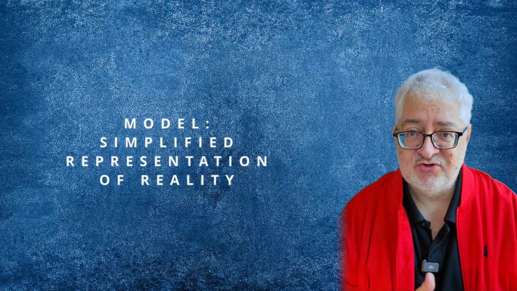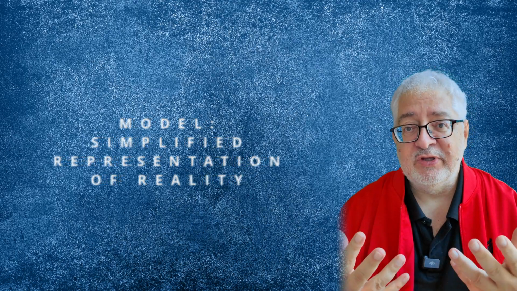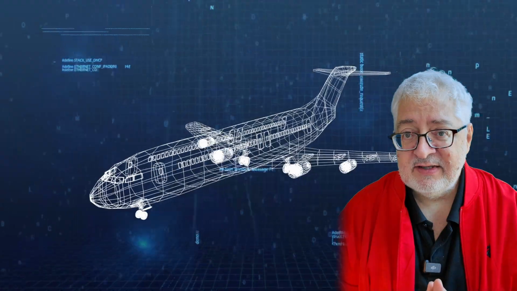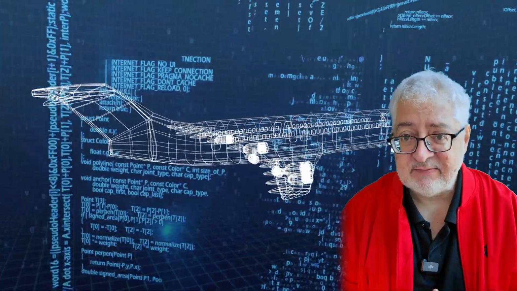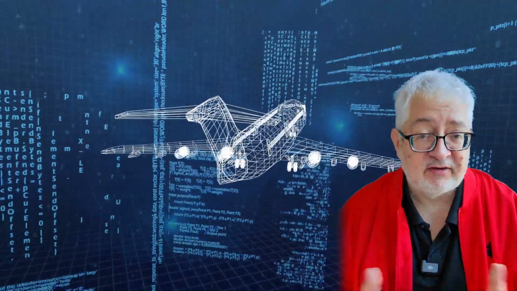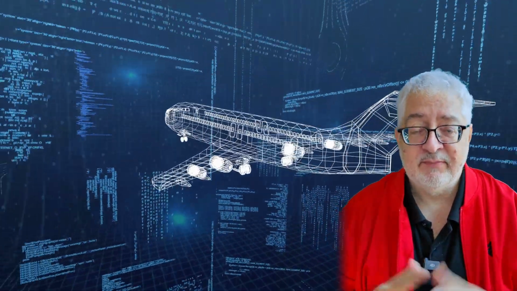Come back. Okay, so a model is a simplified representation of reality. When you have a model airplane, this is an airplane in some sense. In some of its properties it is the same as an airplane. For example, perhaps it can fly, right? Model airplanes typically do fly.